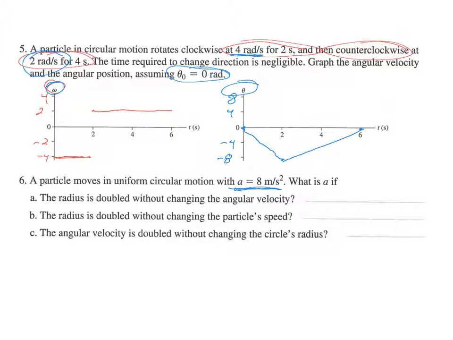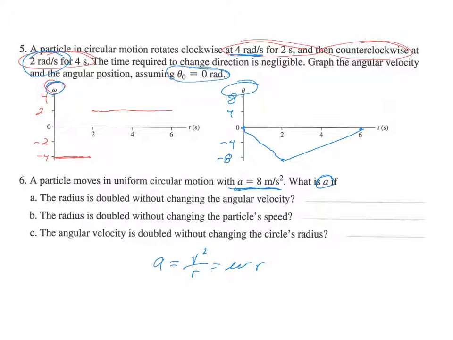What happens to A if the radius is doubled without changing the angular velocity? If the radius doubles, so I'm thinking of acceleration of A equals, remember back in the day it was v squared over r, which is now w, angular velocity r.